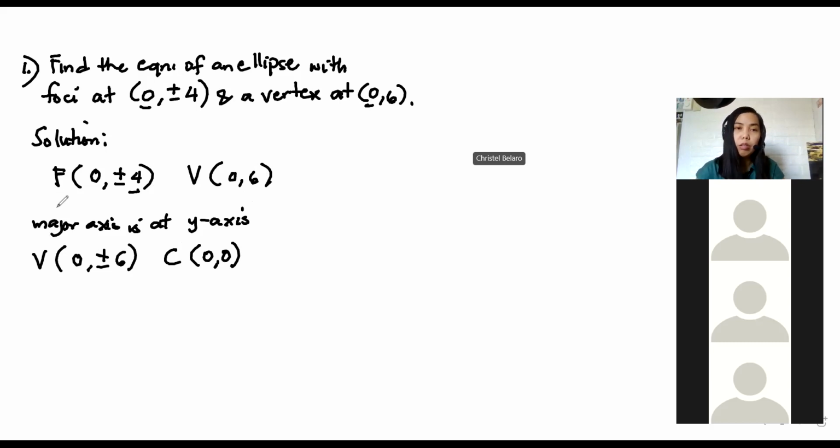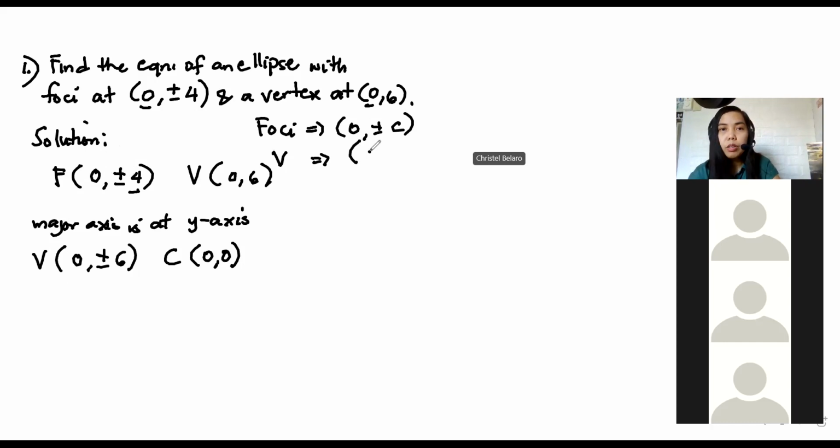How are we going to find the minor axis? For foci, we have the coordinates (0, ±c). For vertices, we have (0, ±a).